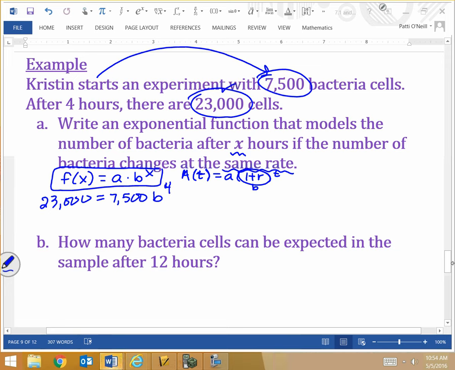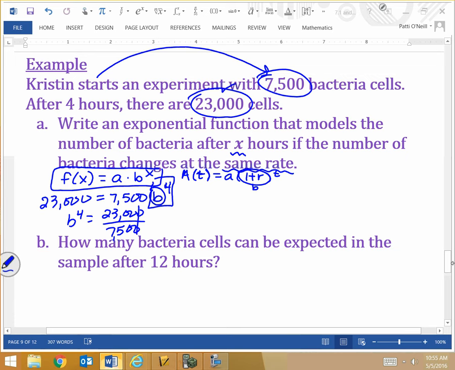So I'm going to fill that in with a 4. Now, this is not a generic formula because the generic formula has the f of x and the x left alone. But I can use this to find b and then rewrite. So if I want to solve for b, right now I've got to isolate b to the 4th. b to the 4th is equal to 23,000 divided by 7,500.